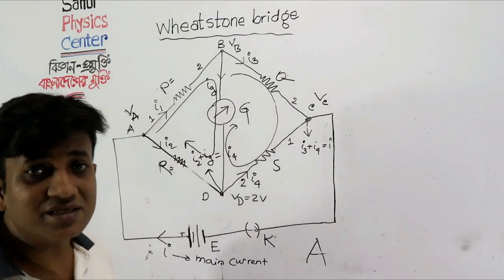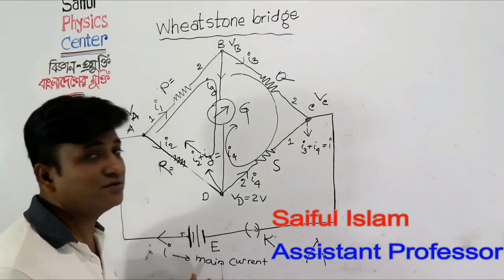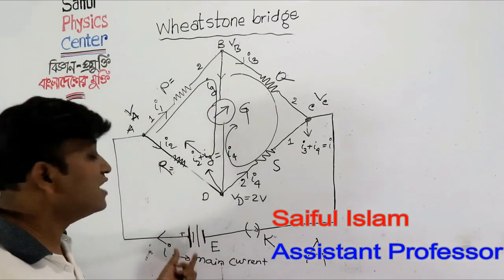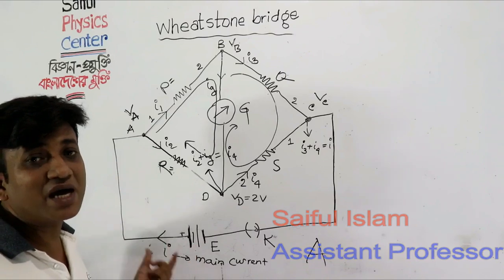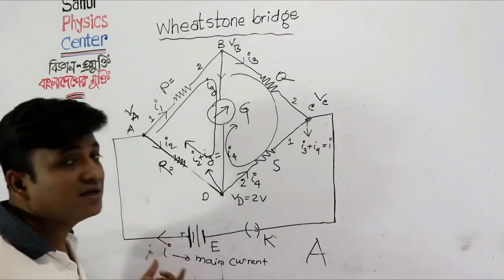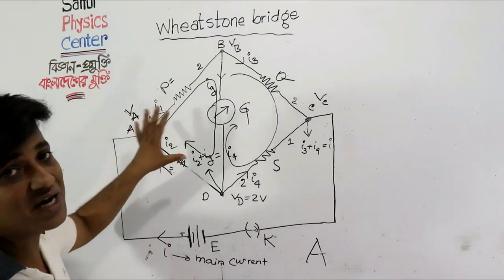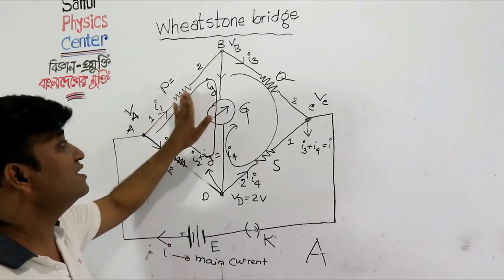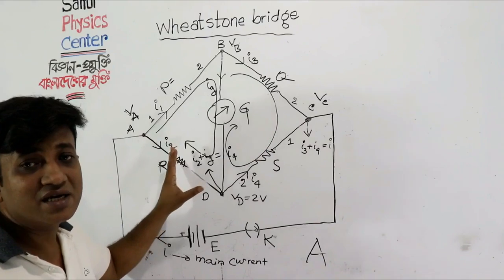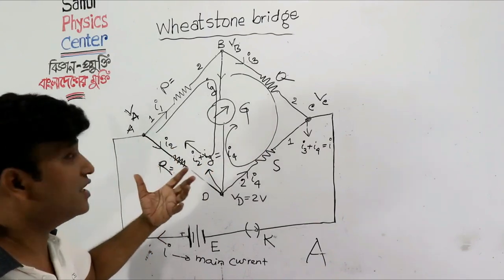The cause is, if we use a high voltage battery, then it will supply high current. Due to the increase of current, when this current passes through the resistances P, Q, R, S, heat will be produced due to Joule's effect.